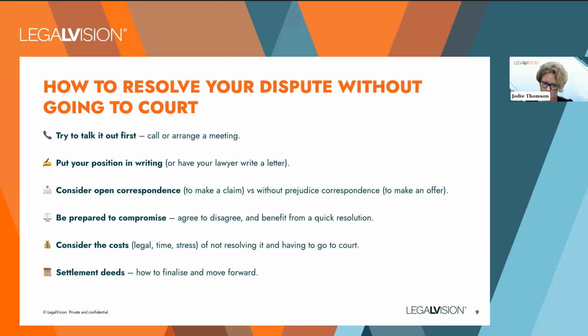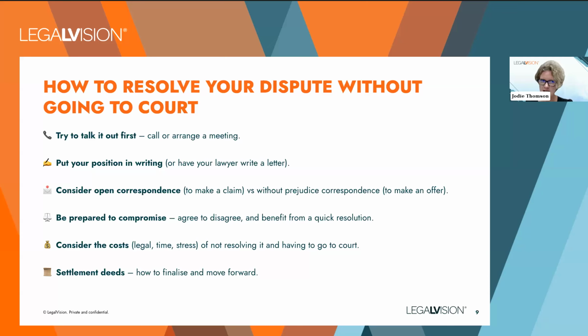The other thing just to mention about resolving a matter without going to court, if you have a lawyer involved or if there's a lawyer on the other side, you might come to an agreement with the other side. Again, it might be, let's agree that you will accept $75,000 for those invoices. We would always recommend that you capture the terms of that settlement agreement in a deed of settlement. It's a legal document. It's usually fairly straightforward for lawyers to draft, depending on how complex the terms of your agreement are.